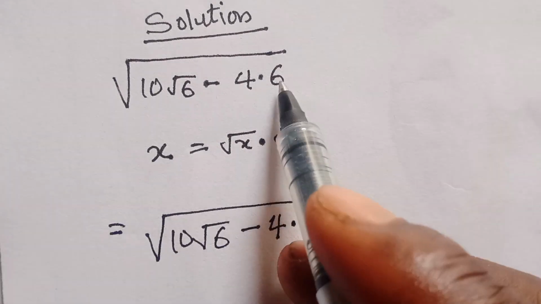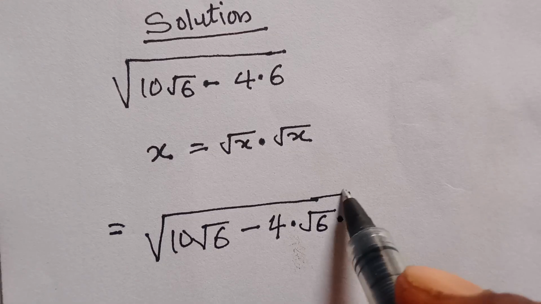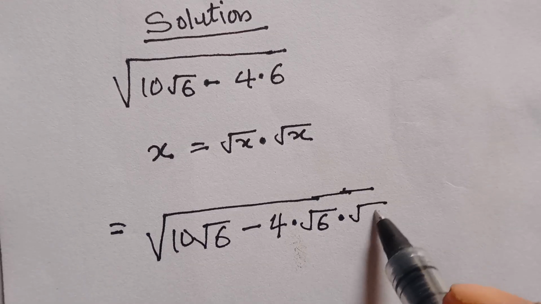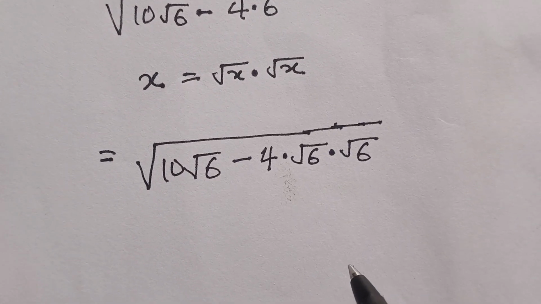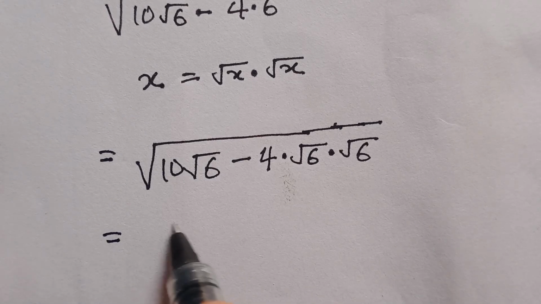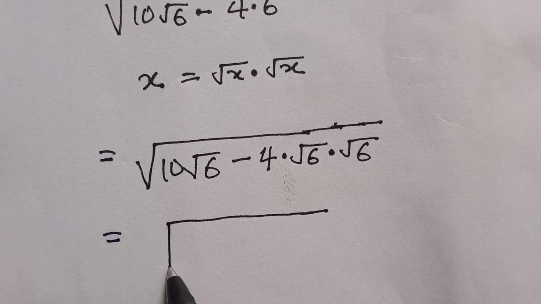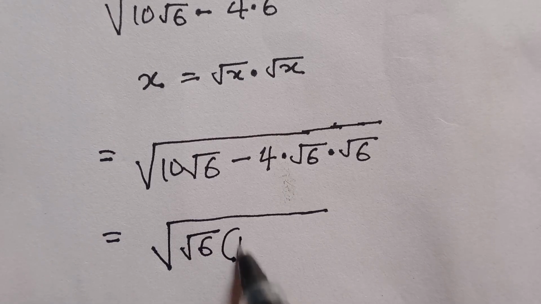It's more or less like having square root of 10 times square root of 10, which will still result in 10. Therefore, we have square root of 10 root 6 minus 4 square root of 6 times square root of 6, because square root of 6 times square root of 6 will still give us 6.